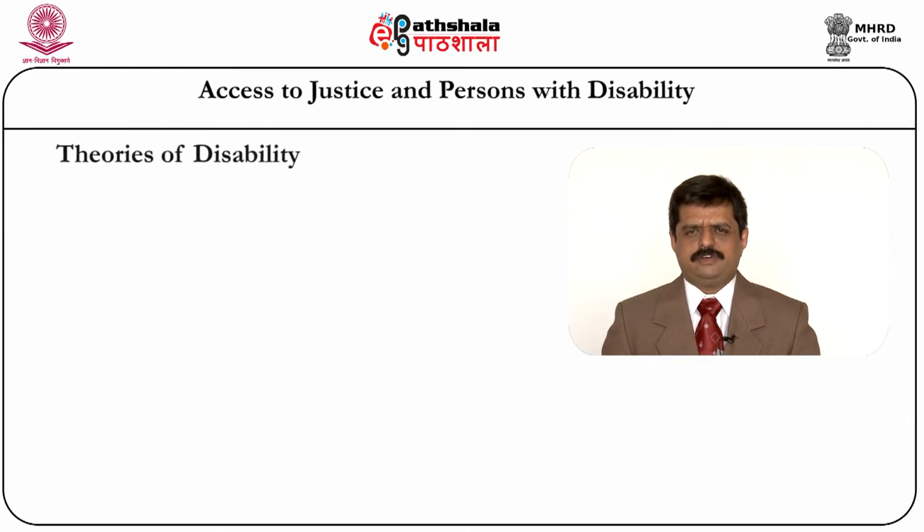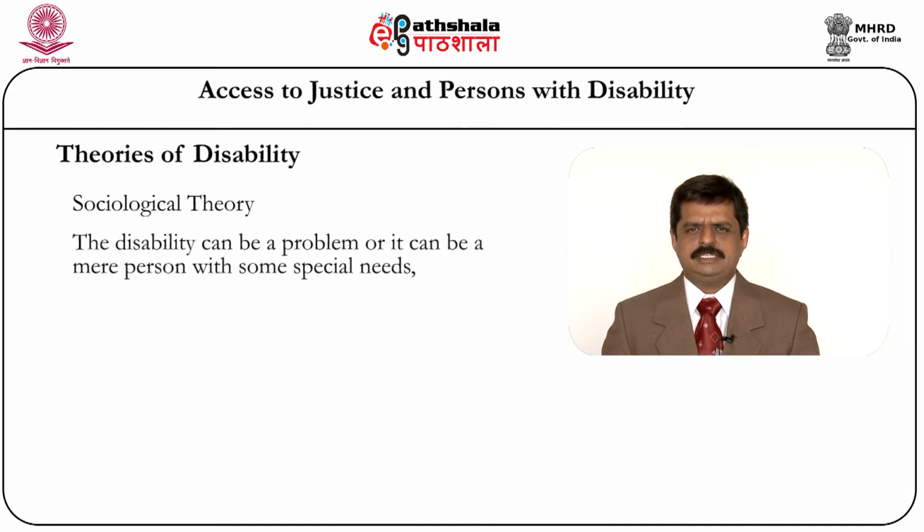Taking theories of disability into consideration, the first theory I am going to discuss is the sociological theory. In this theory, disability is considered as a person in need of help, but it is not as simple as that, because there are various other people in need of help.